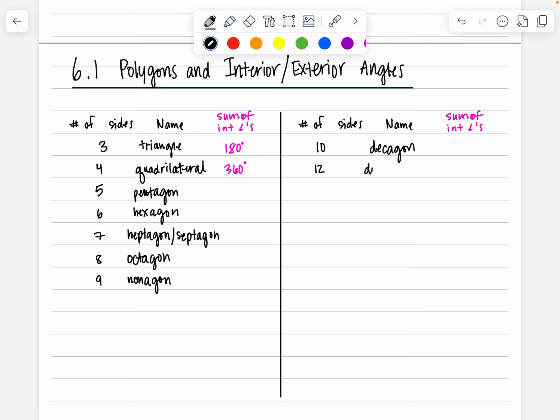A 12-sided shape is what we call a dodecagon, do meaning two and decagon meaning 10, so 2 and 10 make 12. We're going to skip 13 and 14 and go straight to 15. A 15-sided shape is a combination of pentagon and decagon, what we call a pentadecagon.